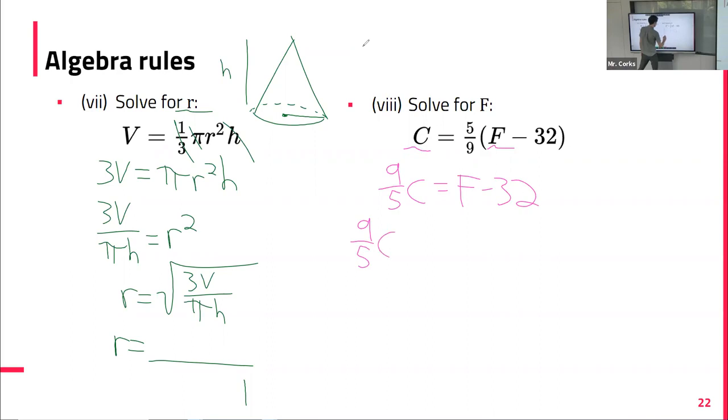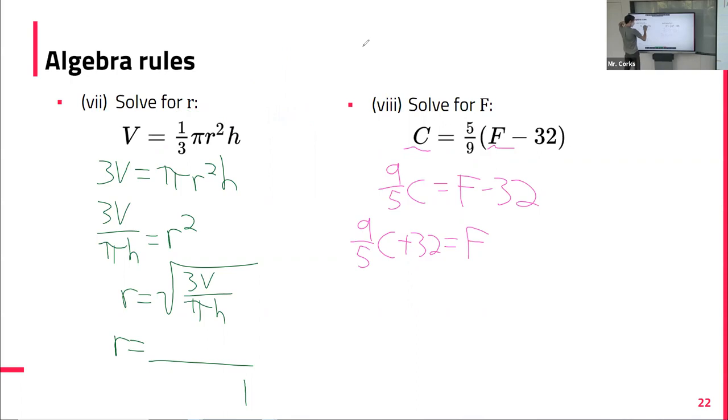So 9/5c plus 32 equals f. And then this formula will convert from Celsius to Fahrenheit. So again, very simple algebra happening here, but let's talk a little bit more about strategy for these kinds of questions, because some people get pretty confused with these.